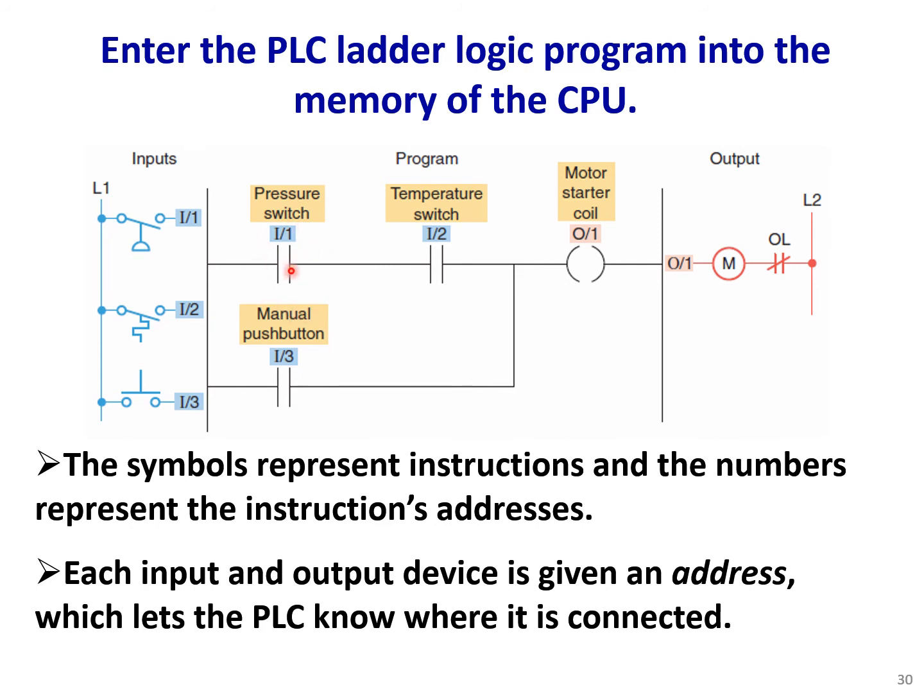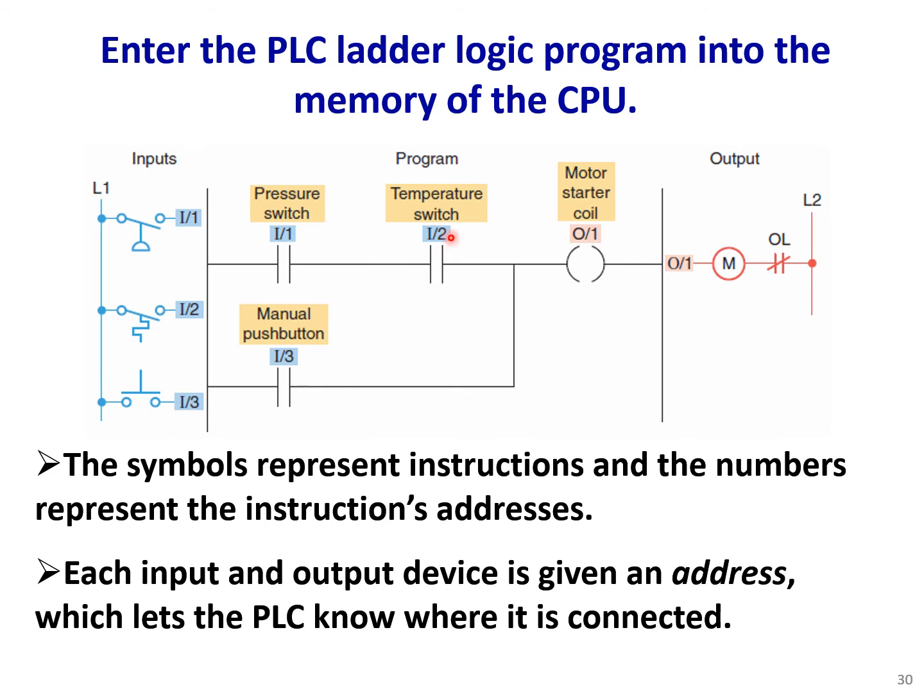So we have two contacts here, which are a pressure switch or sensor and temperature switch or sensor. And this contact has an address of I1, and the pressure sensor is connected to the first input of the input module.